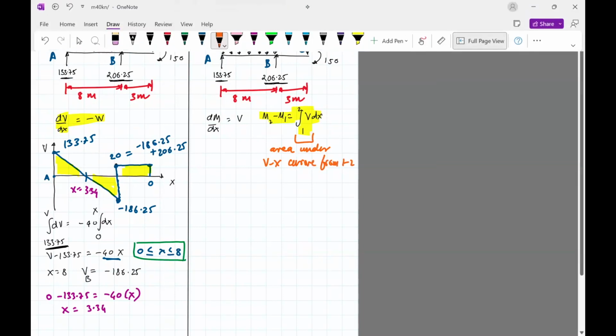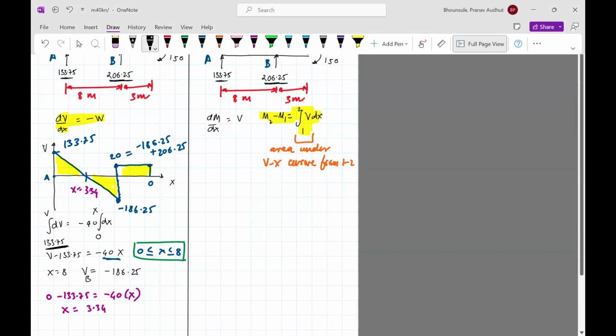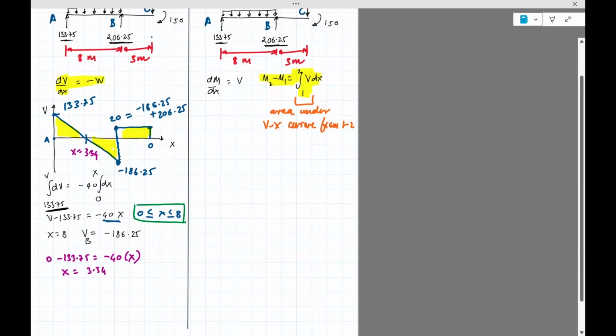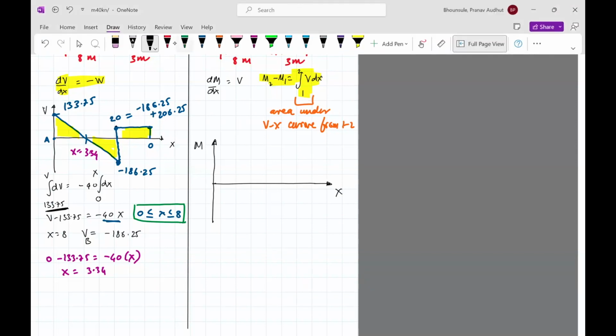So with that, we don't really need to write any equations. We can just go through drawing the bending moment diagram M(x). For that, we clearly need the area under the V(x) curve, so we need to peek into V(x) to get that.